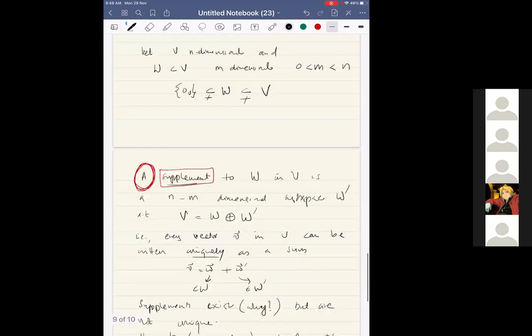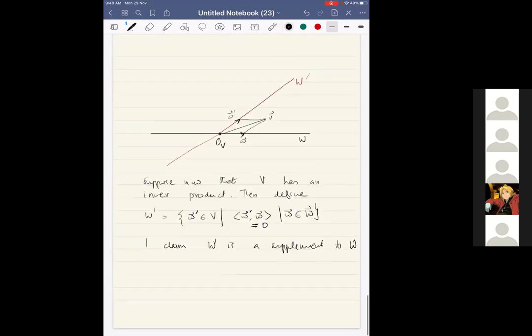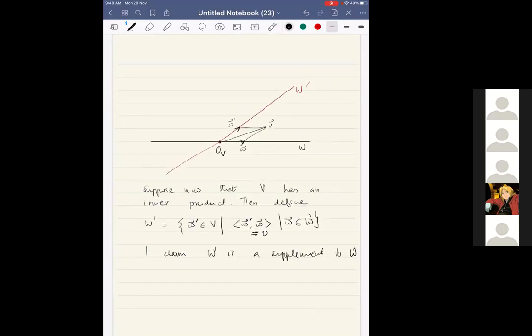So now the claim is that if there is a real inner product space and a subspace W, then among all the supplements to that subspace, there is a God-given one that uses the inner product. The supplement consists of all vectors whose inner product with vectors lying in W is 0.